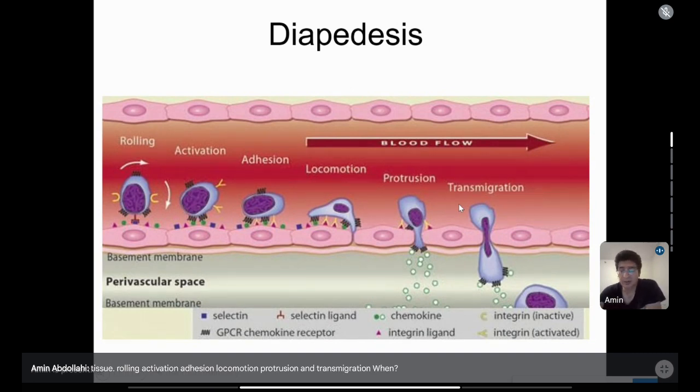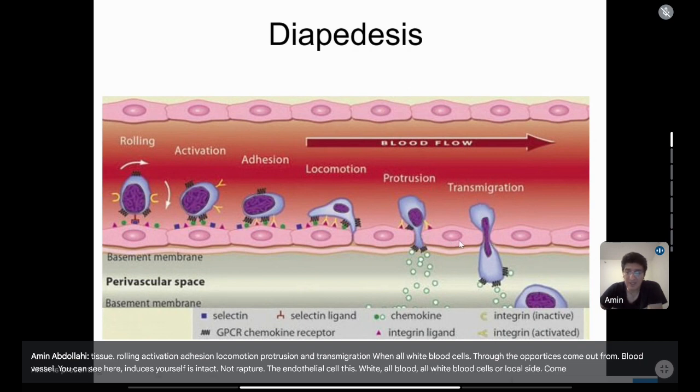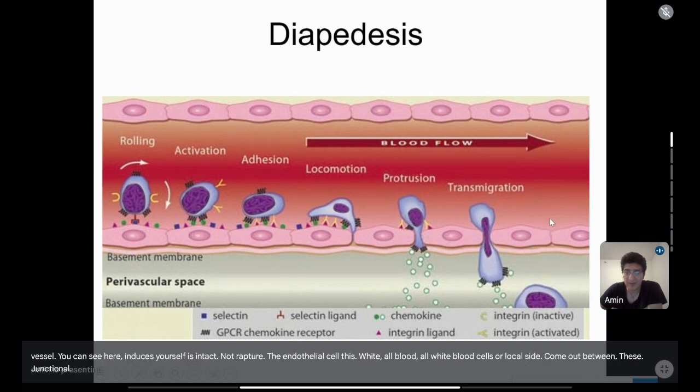When all white blood cells come out from blood vessel through diapedesis, you can see here the endothelial cell is intact, not ruptured. All white blood cells or leukocytes come out between this junctional complex.